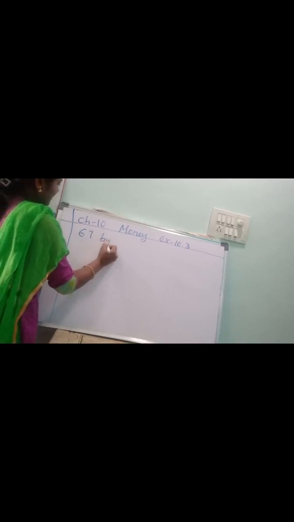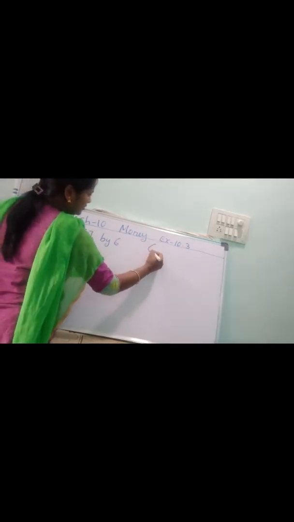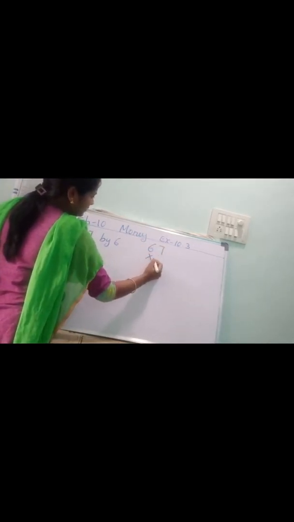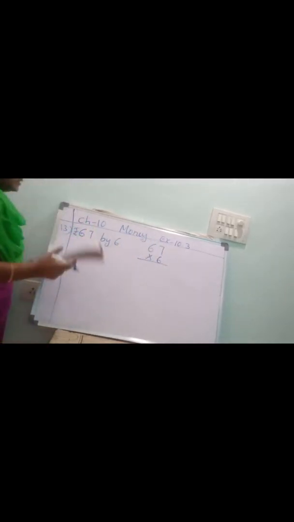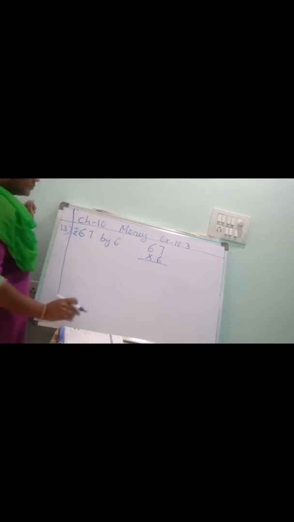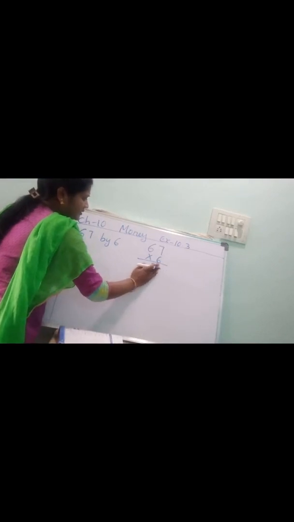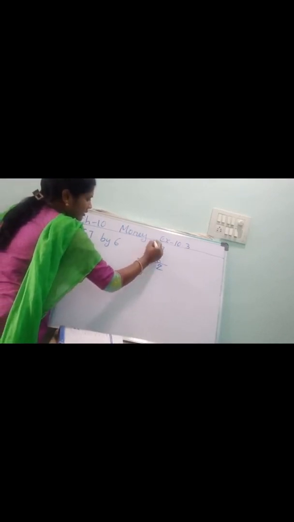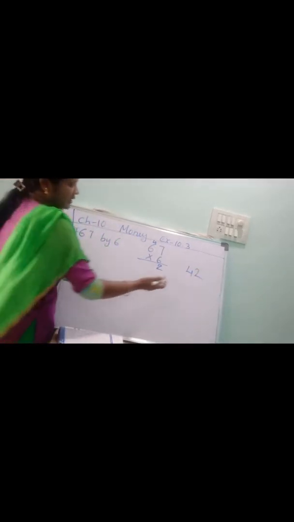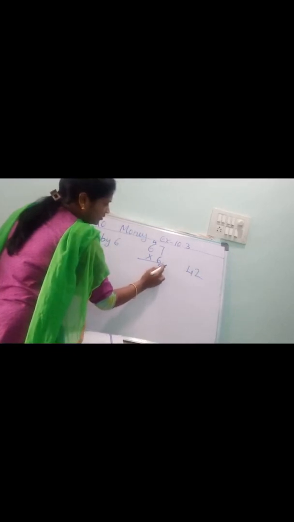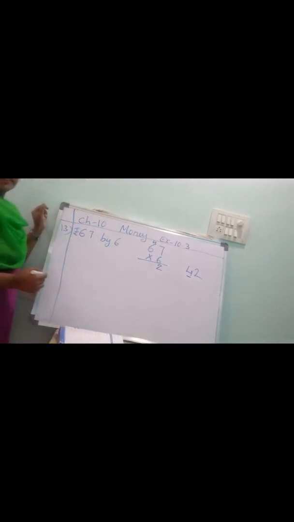What you have to do? 67 multiply by 6. 6 sevens are 42. 2 here, 4 carry forward. In the ones place you should write down 2. Again, the number in the tens place, you should write up as a carry.